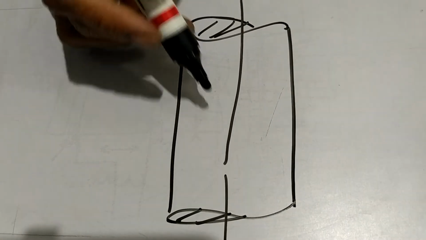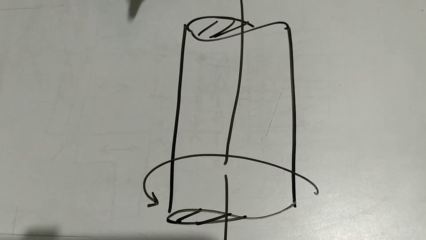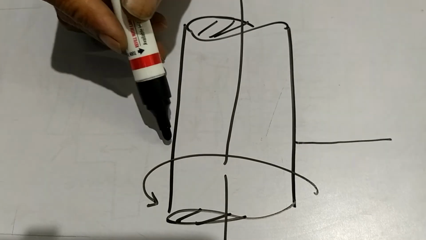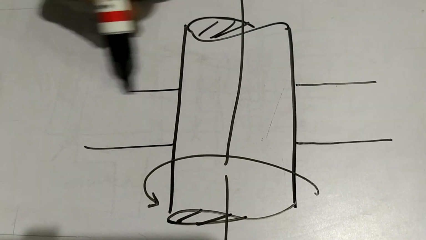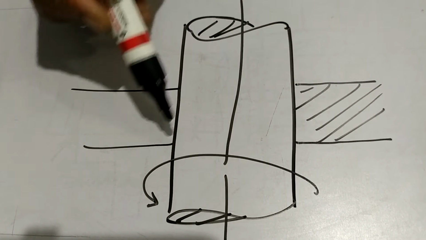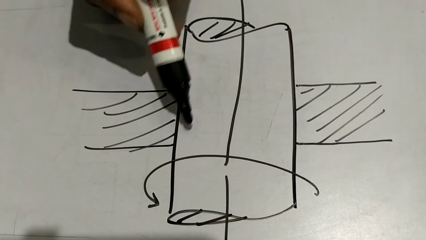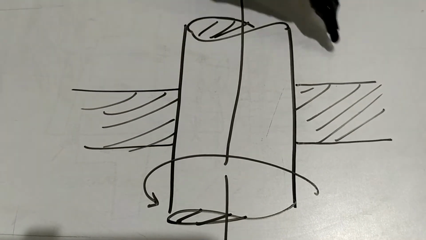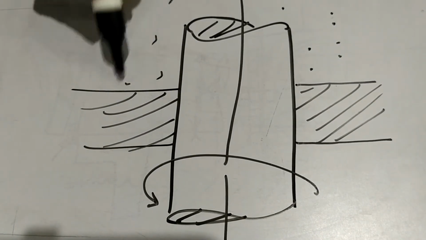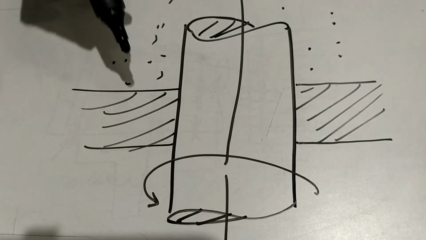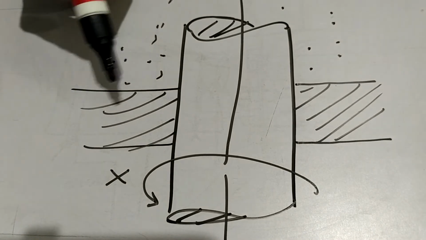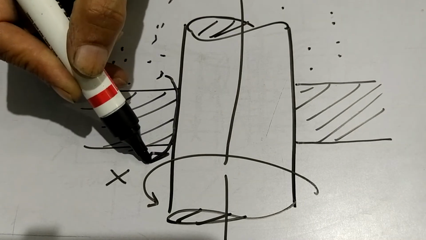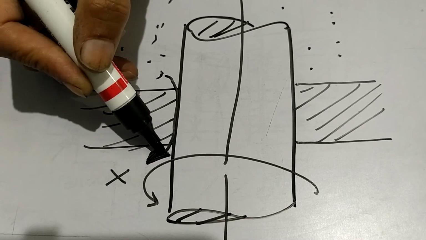Okay. Now this shaft is rotating and it is fitted in something where, suppose there is a frame. So the shaft is supported in this frame at this diameter and it is rotating, and on this side there is some liquid, and on this side there is no liquid, and you are supposed to prevent this liquid from coming out from here.